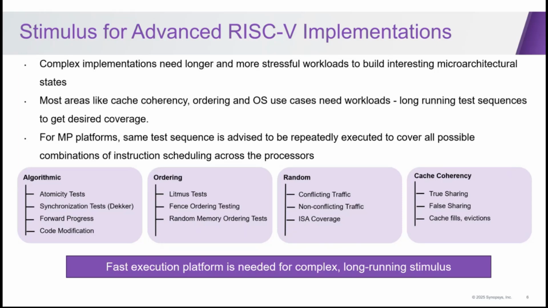Ordering, famous litmus tests, fans, all those kind of stuff. You may need to run them on different ISS's orders, some cache-related tests. We just mentioned the true sharing, false sharing, cache eviction, all those kind of stuff.